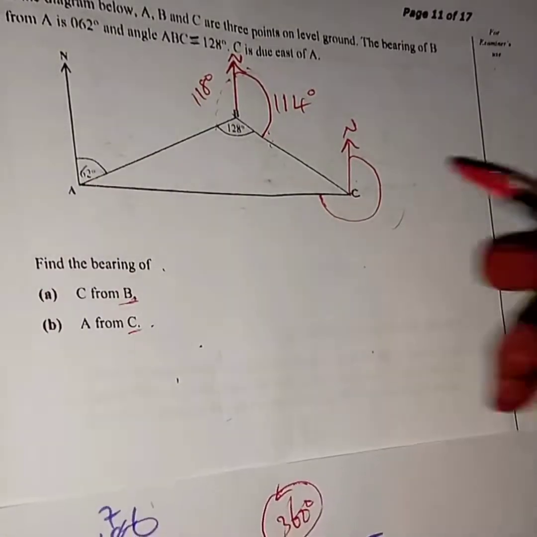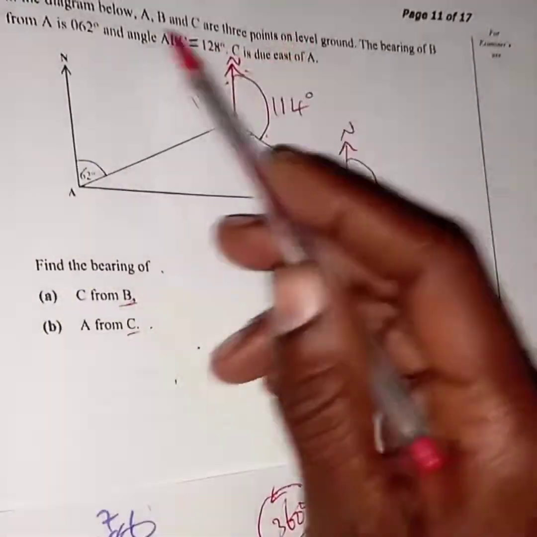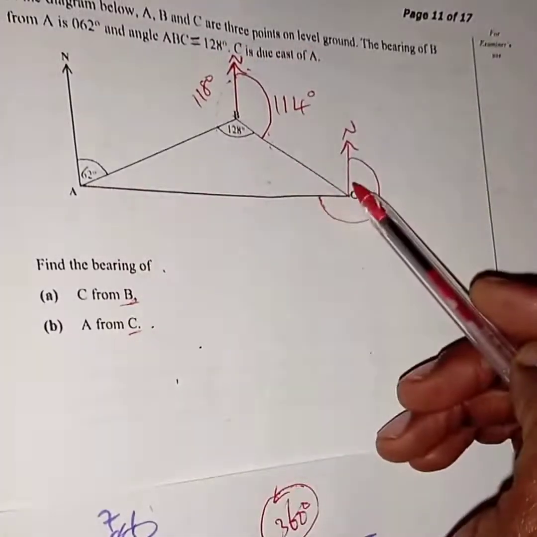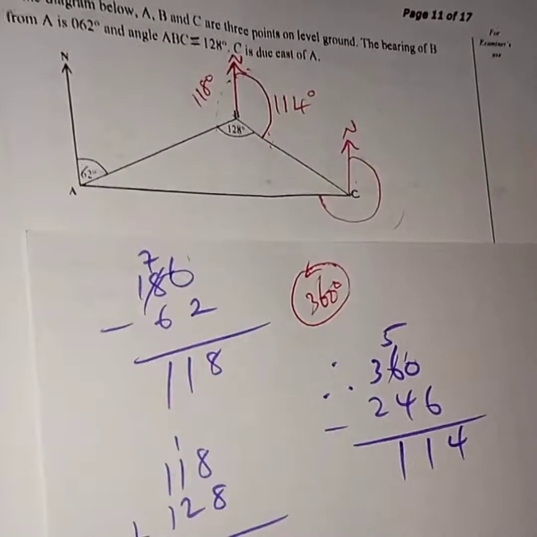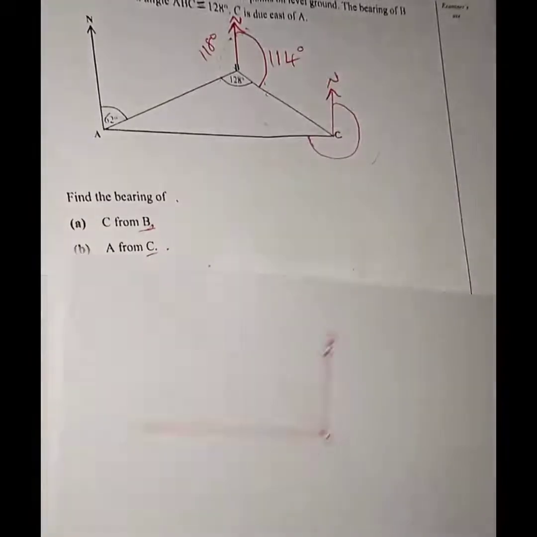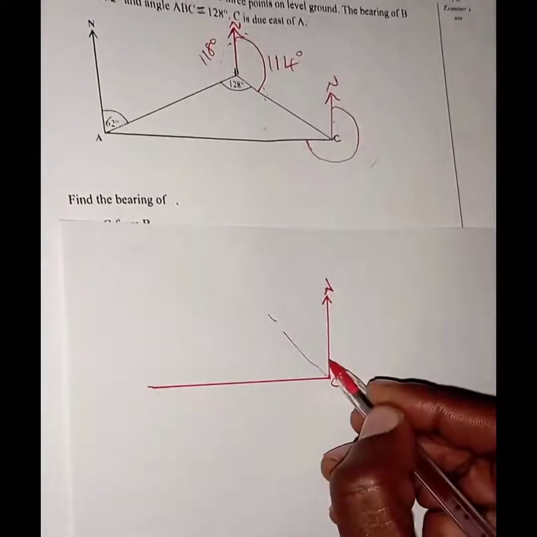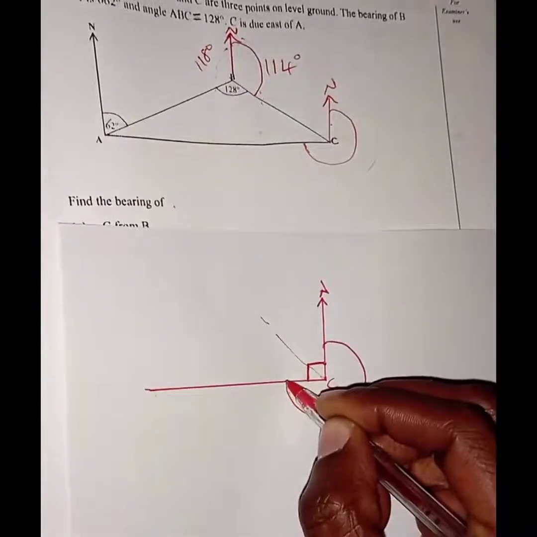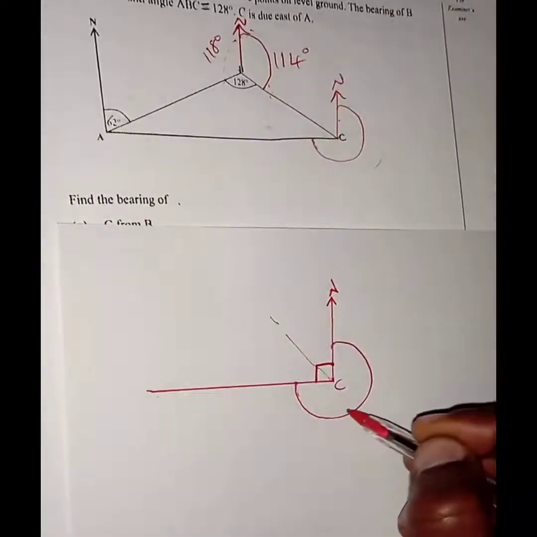For us to find this angle, remember they have said this AC is on level ground. Level ground means it's a very horizontal line, and as you can see, the true north is very vertical. It means where they meet, it makes 90 degrees. Since they want us to find this angle, you subtract. This makes a complete revolution, which is 360 degrees.